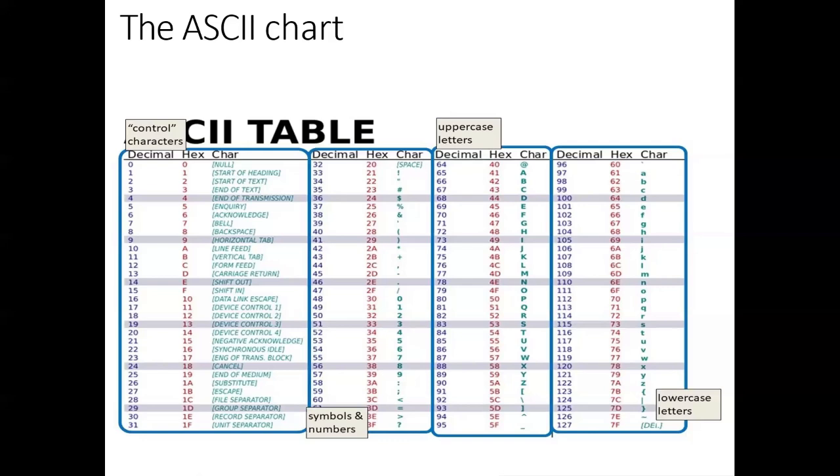So in those numbers, Z is represented by 90, and 90 comes before 97, which is how the lowercase a is represented. So if you ever see that on your computer, now you'll know what's going on underlyingly and how they programmed that computer.